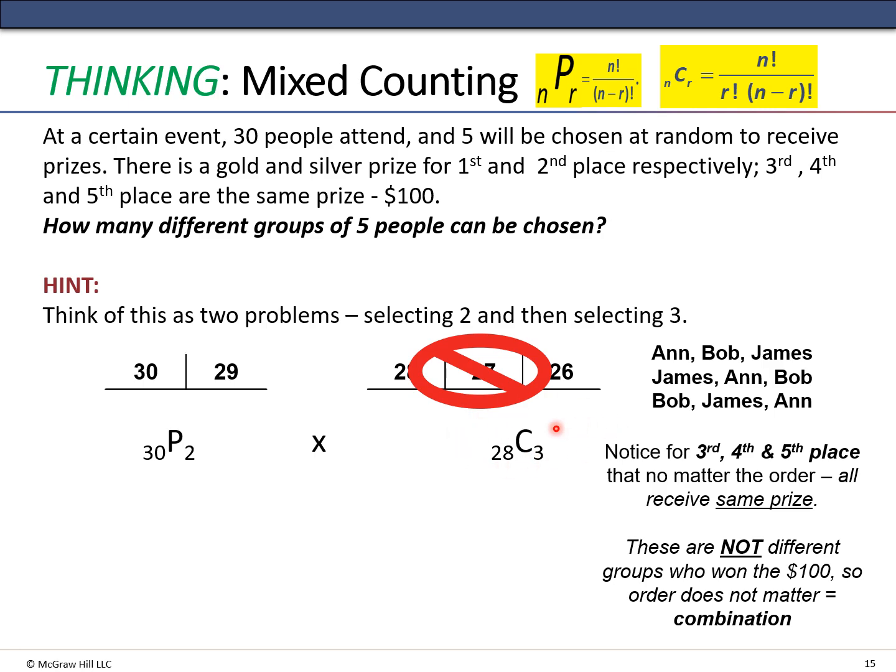We're not taking the combination of 30 things 3 at a time, because we've already taken out the first and second place, there's only 28 people left. And so that's how we organize this problem. And so we see there's almost 3 million different ways for 30 people to win 5 prizes, first and second, and then 3 same prizes for third, fourth, and fifth. It's kind of crazy, right?